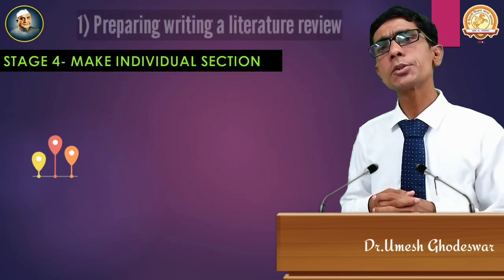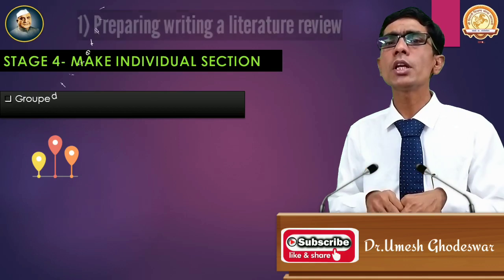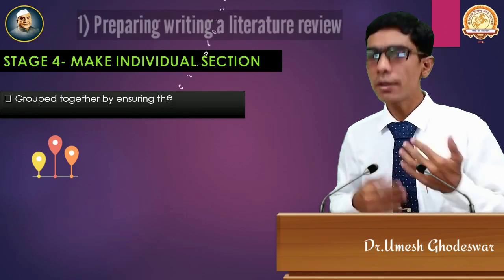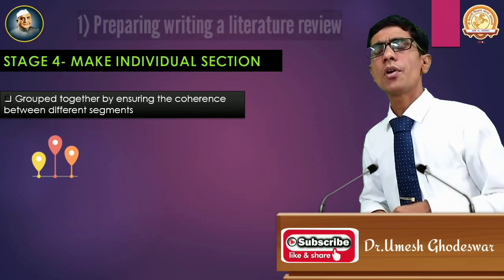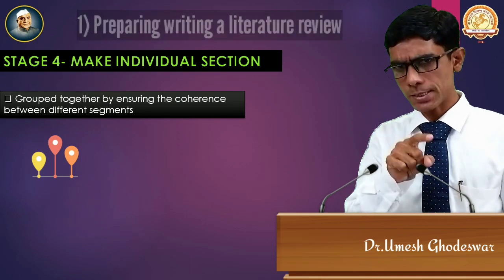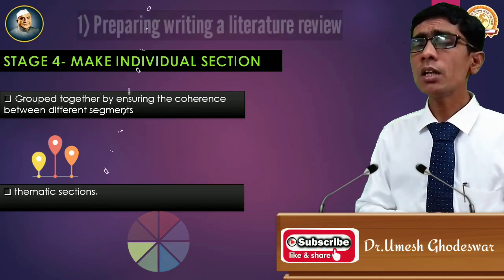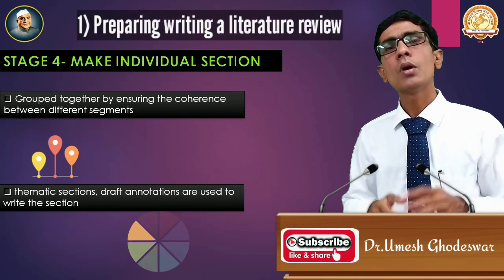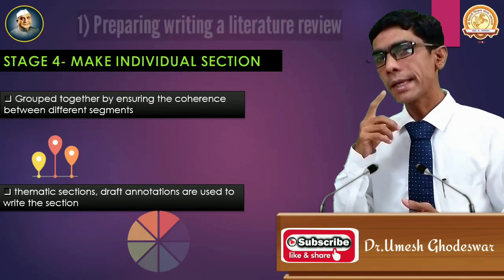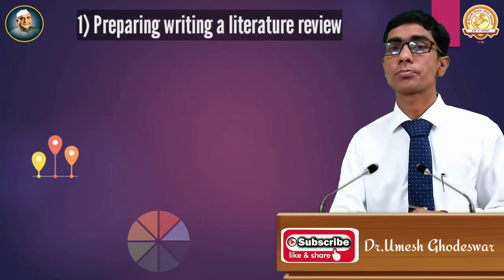Related articles may be grouped together, ensuring coherence between different segments of the literature. For each thematic section, draft annotations are used to write a section which discusses the articles relevant to the theme.